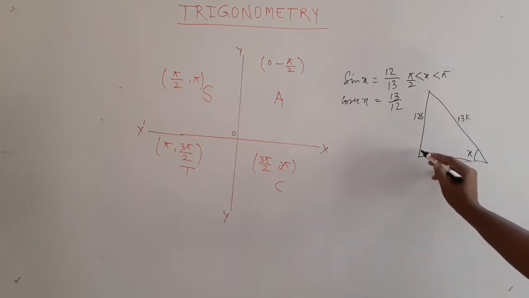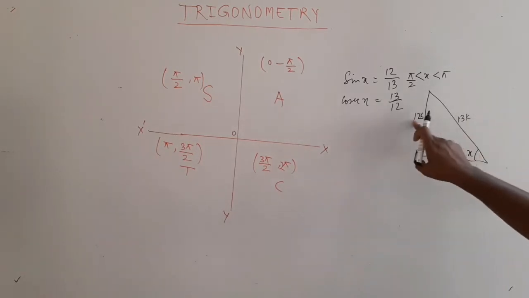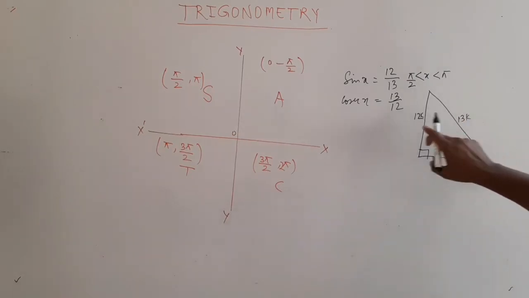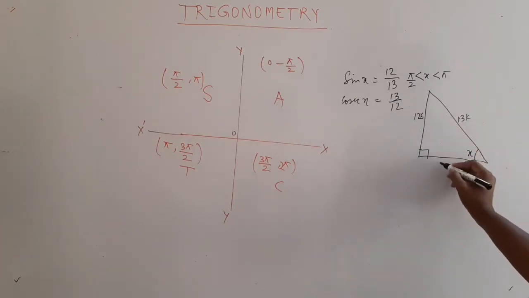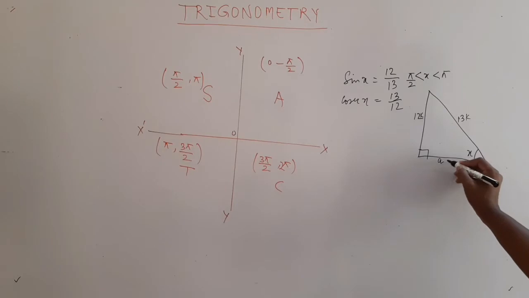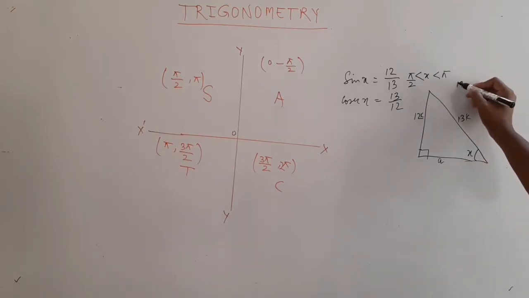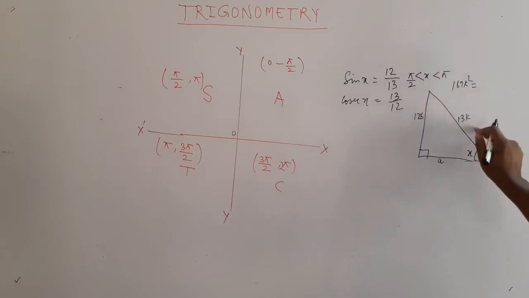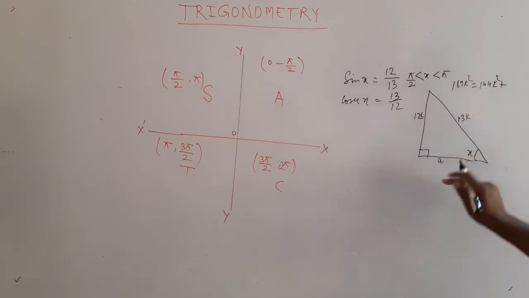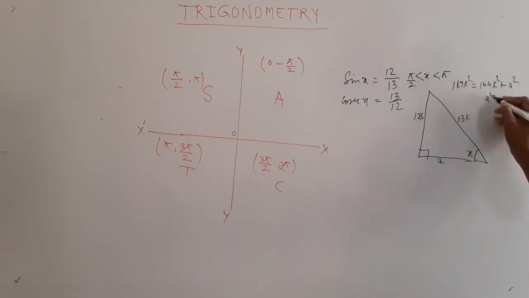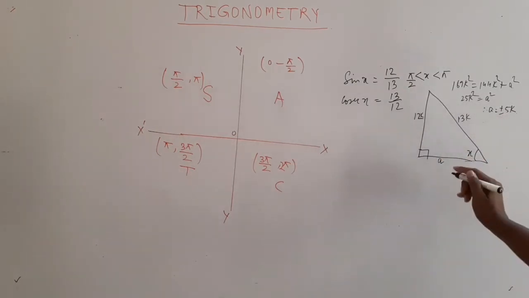And then if you use the Pythagoras theorem, you'll find this square minus this square, so 169 k square minus 144 k square, and then under root will become, suppose I call it a. So I have a relation like 169 k square, this is hypotenuse square, equals this square, that is 144 k square, plus this square which is a square. So you get a square is 25 k square, and if you find a, then you get plus minus 5k. So here we take a as 5k.